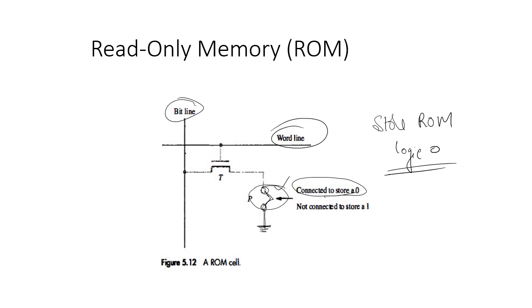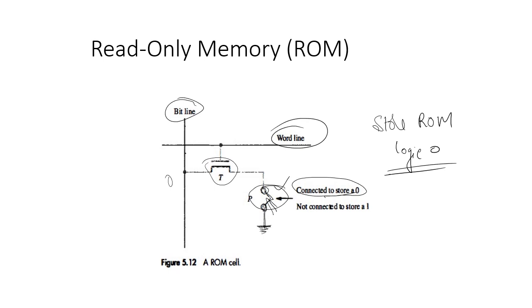Since the other terminal is pulled down to ground, when you turn on this transistor, it automatically pulls the bit line to ground, indicating that the data present in the bit line is 0. Similarly, if you want to write logic 1, the fuse is burned, so that there is an open circuit between this terminal and this terminal.